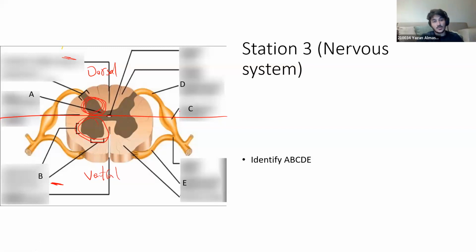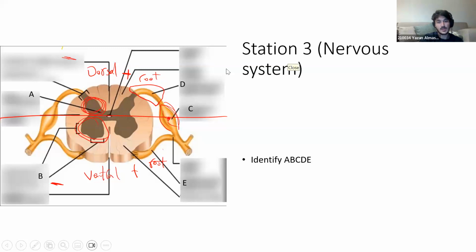Now, before the crossing, the first thing that comes out is called the root. When we put them together, dorsal plus root is the dorsal root, and ventral plus root is the ventral root. This bumpy thing is known as the dorsal root ganglion, which has the sensory neurons, the cell bodies.